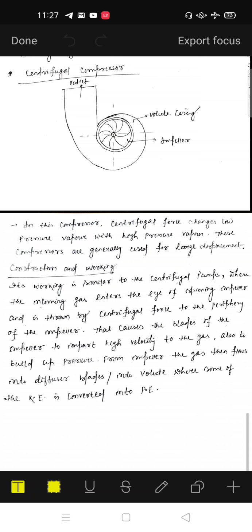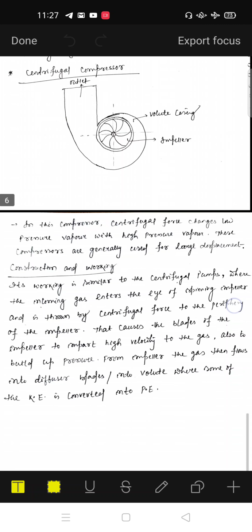That causes the blades of the impeller to impart high velocity to the gas, and also to build up pressure. From the impeller, gas then flows into the diffuser blades or into the volute, where some of the kinetic energy is converted into pressure energy.